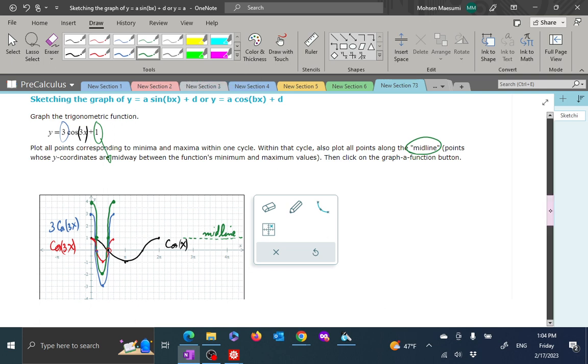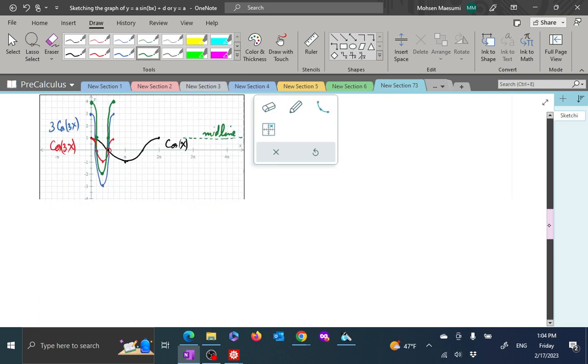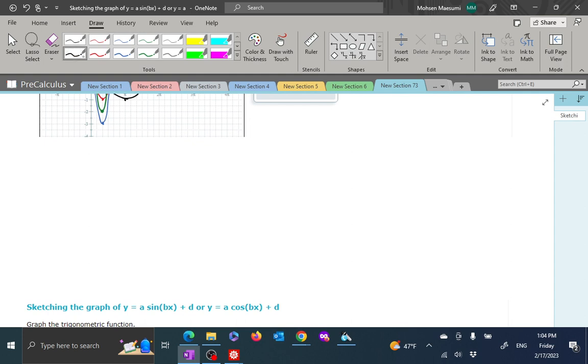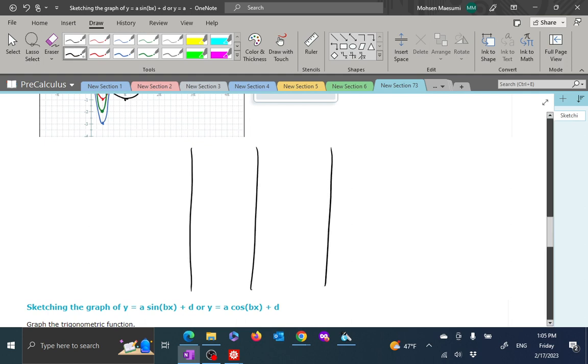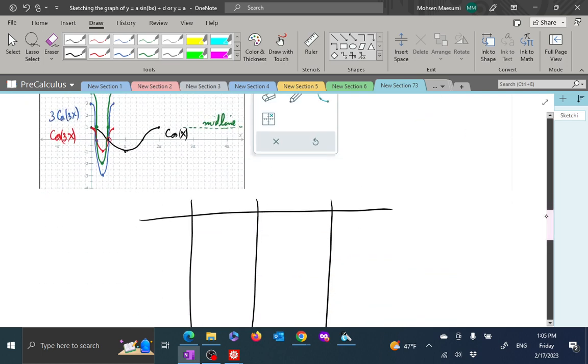Let's go ahead and redo this problem also by making a table. So I make my table. What do we have here? 3x is the input. Cosine of 3x is the first step. Then we do 3 cosine of 3x plus 1 as our final answer.